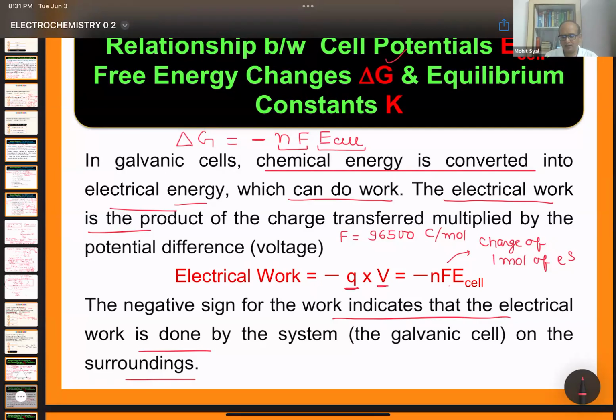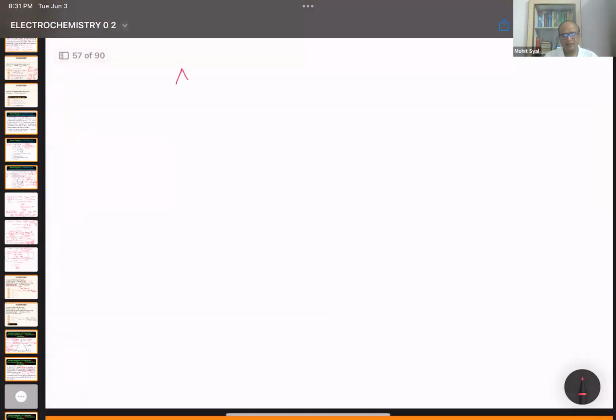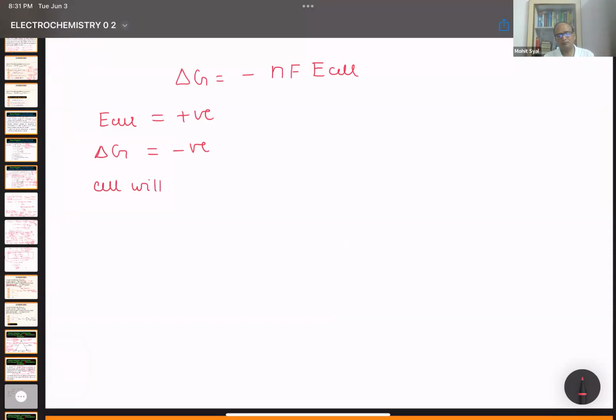We will split this condition into 3 categories. Just now we have seen in the last slide also, delta G is equal to minus nF E cell. If E cell is positive, delta G is negative, the cell will work. It is spontaneous.